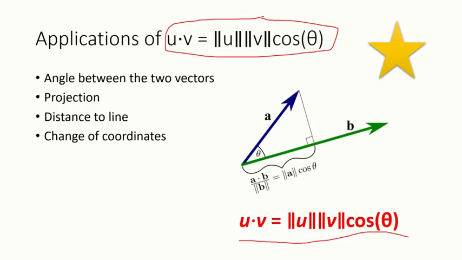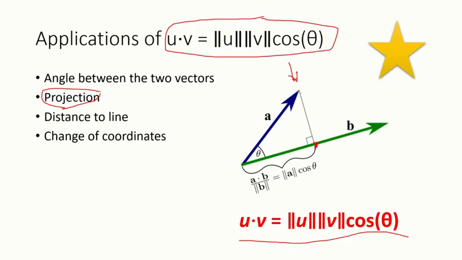Another application is you can compute the projection. Projection is like this. If you use B as the vector you want to project A onto, you shine a light from this direction. Okay, you project your A onto B and create a shadow.